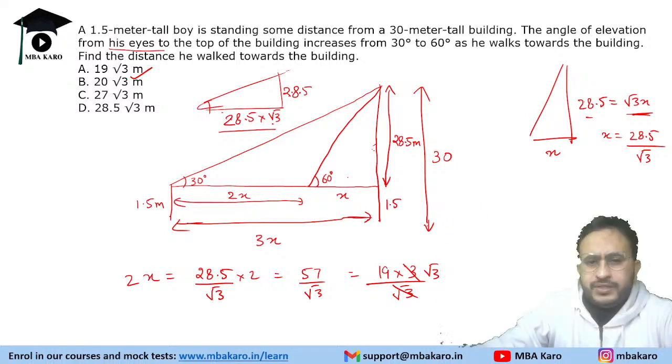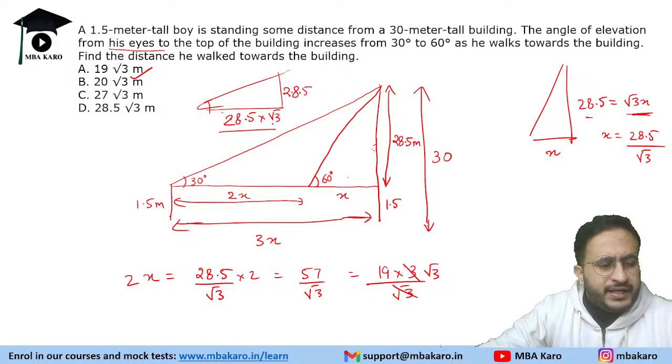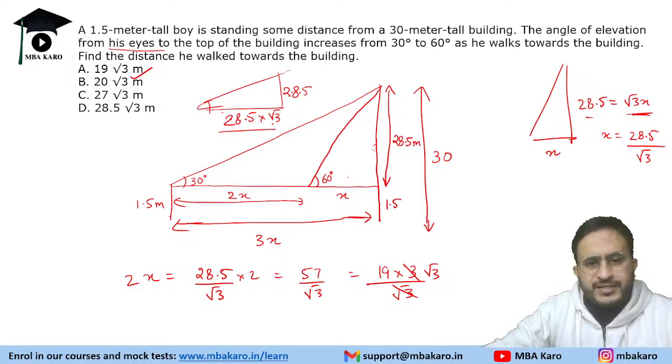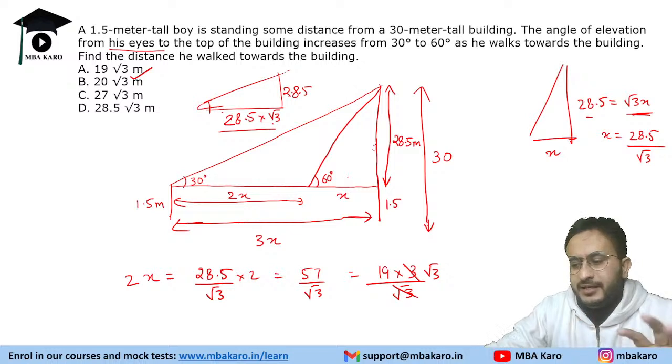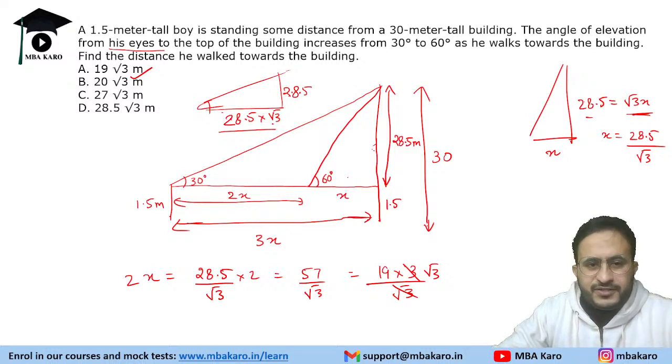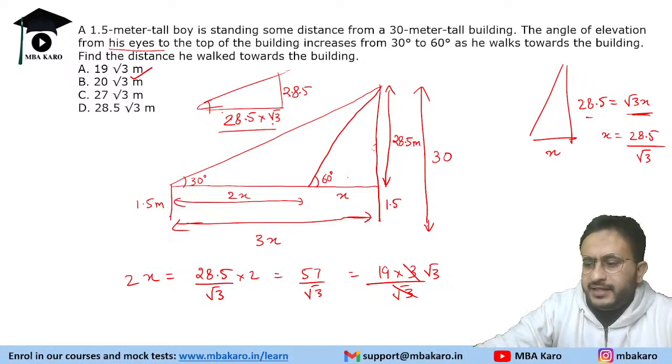Yeah, it is about these ratios only: 30, 60, 90, 45, 45, 90. Just visualize the problem and put these ratios, because if you apply tan and all that, it is time consuming. And if you have practiced, let us say, 40, 50 questions on heights and distances, then that would be more than enough, because by that time you will remember that this will be two times.